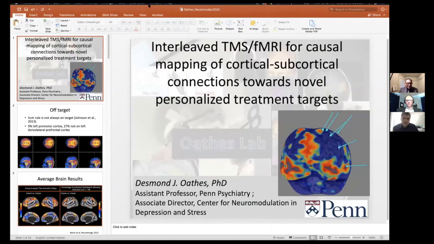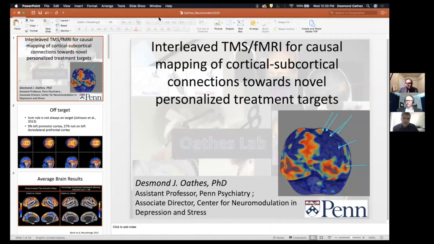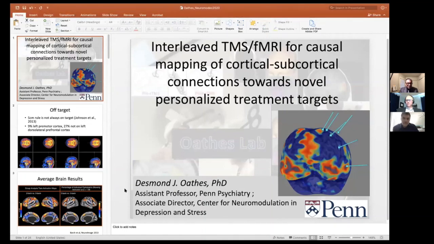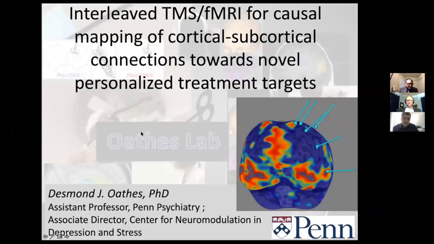He is the director of the Otis Lab, but he's also the associate director for the Penn Center for Neuromodulation in Depression and Stress. And he is going to be speaking to us on interleaved TMS fMRI for causal mapping of cortical subcortical connections towards novel personalized treatment targets. Dr. Otis. Great. Can you see and hear? Okay. Yes and yes. Okay, thanks.